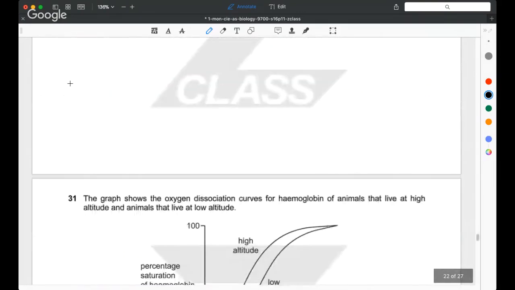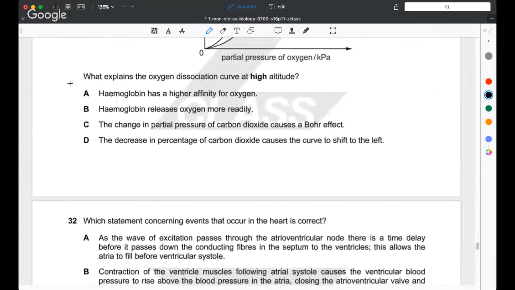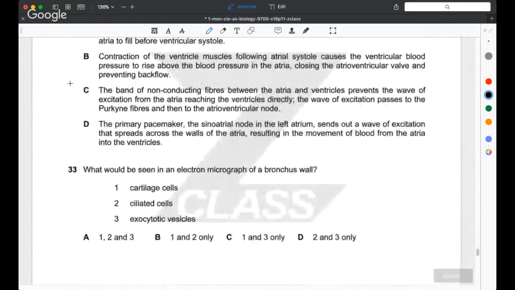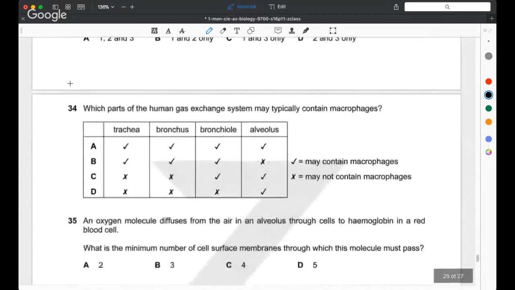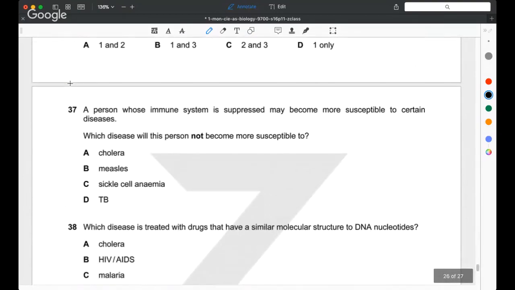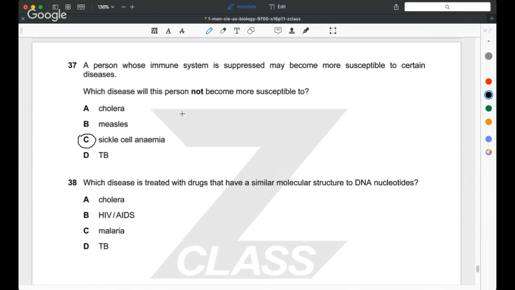Okay, so I think that's where I'm going to stop for this masterclass. Some of the questions later on about disease, I think, were fairly straightforward. There were some diseases which were clearly infectious diseases. Others of them were genetic diseases, like the sickle cell anemia here, which is a genetic disease, nothing to do with an infectious disease becoming more susceptible through a suppressed immune system.